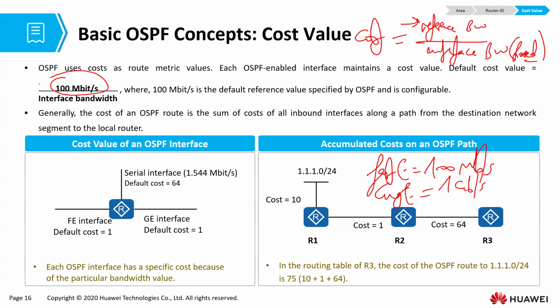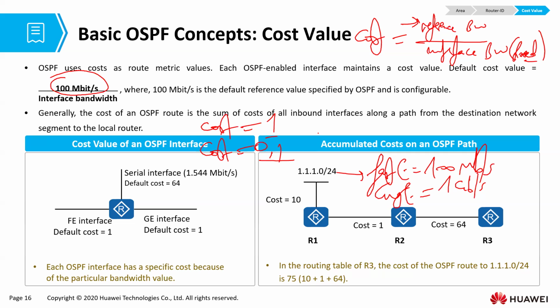So if you want to calculate cost, for example, by default, for Fast Ethernet it will be 100 megabytes over 100 megabytes. If you want to calculate cost for Gigabit Ethernet, it will be 0.1, 100 megabytes over 1 gigabyte per second.